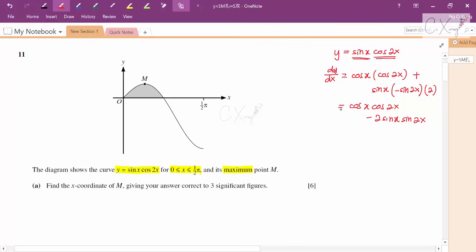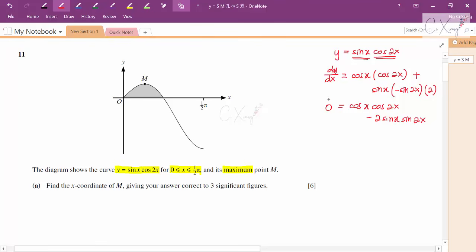Okay, to get the x coordinate for the maximum point, after we find dy/dx, we need to let it equal 0 and solve this equation. To solve this equation, I need to think of a way to rephrase it into an equation where I can have similar terms to be factorized.